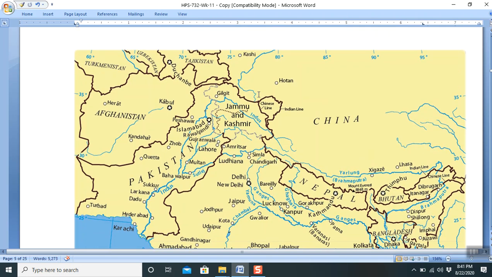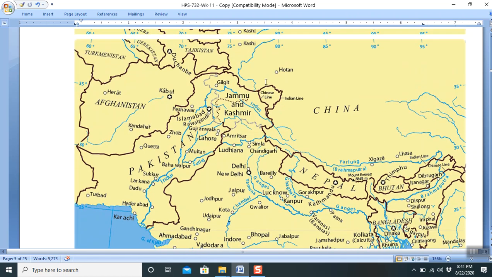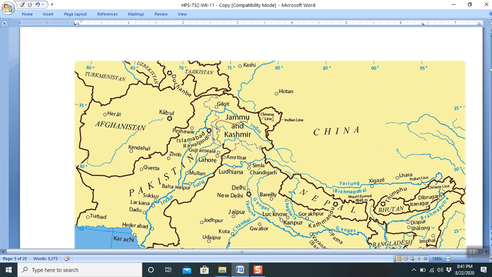Then the border with China, and Pakistan has given some portion to China, that is called accession, and right now the tension between India and Pakistan and China is on this region that is called Ladakh.